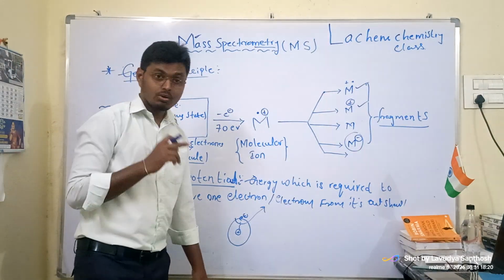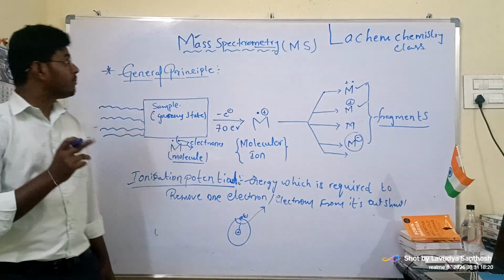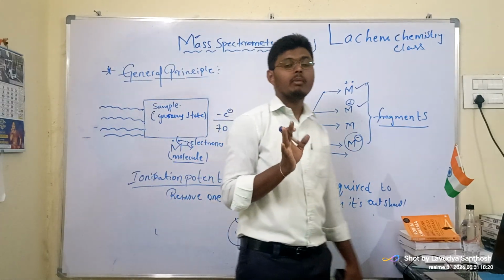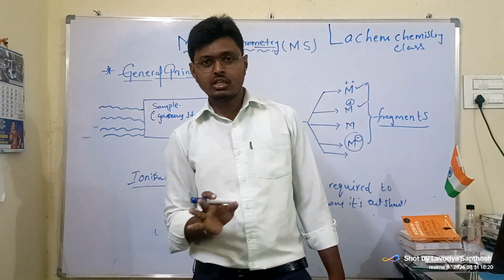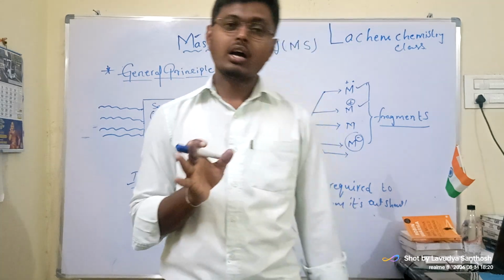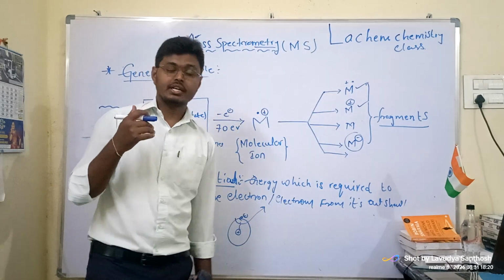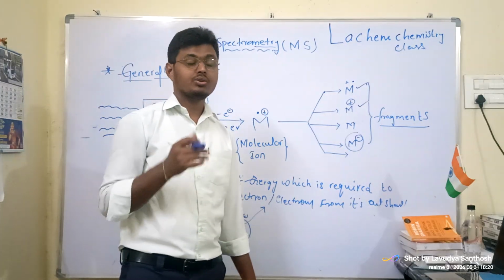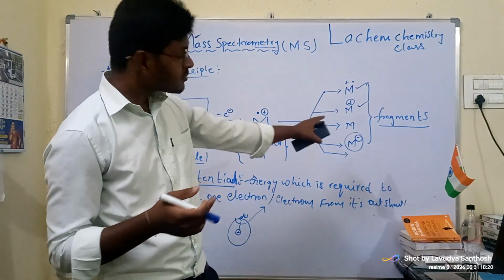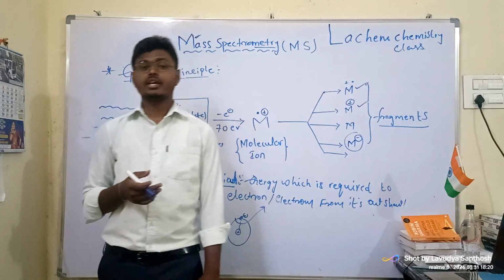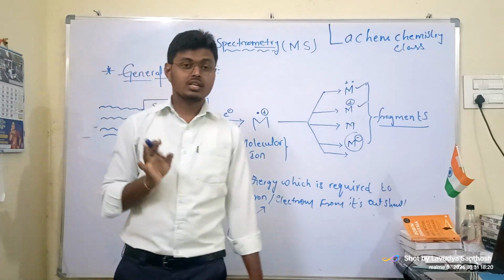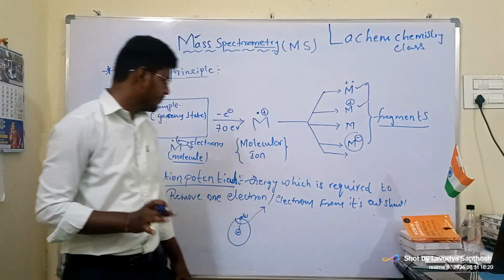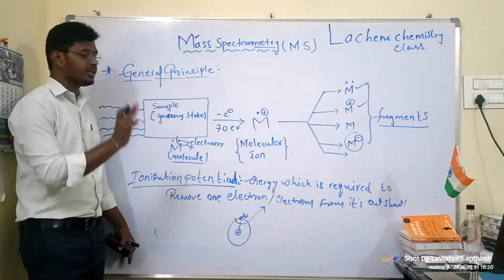Now write down under note: mass spectrometry can't analyze, or is not useful to study, neutral atoms, neutral species or negative species. For them there is another technique, negative spectrometry. Hoping that you understood up to here.